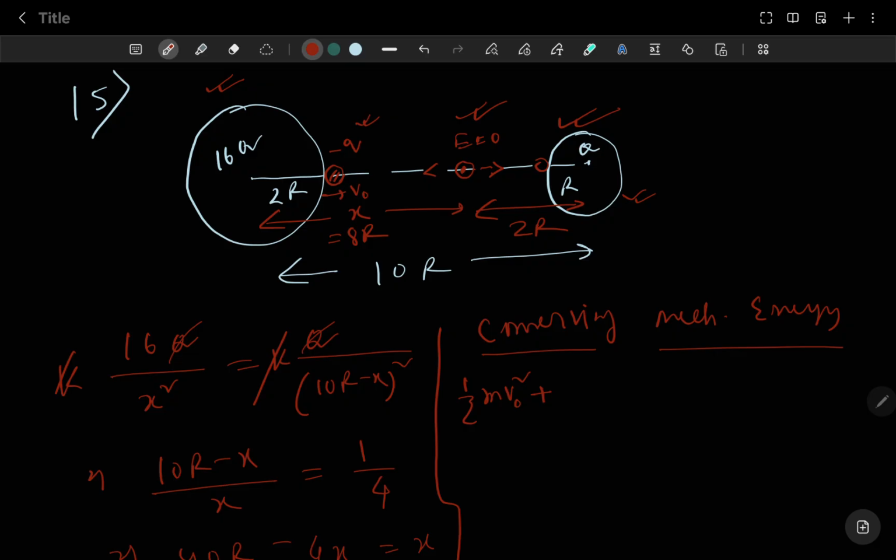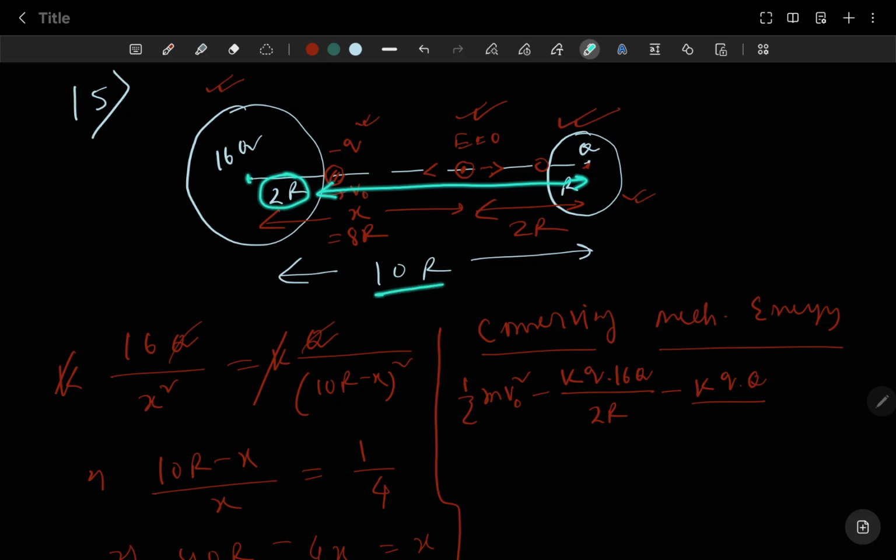The potential energy will be minus K Q into 16Q by 2R, and minus K Q into Q by 8R. If this distance is 2R, then this distance is 8R, from here to here is 8R. Okay, this much is 2R, total is 10R.